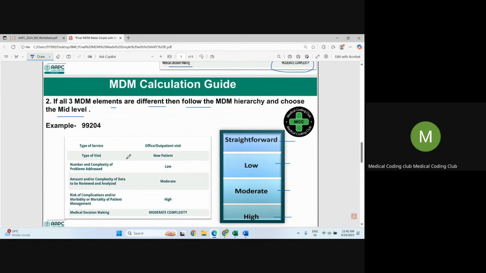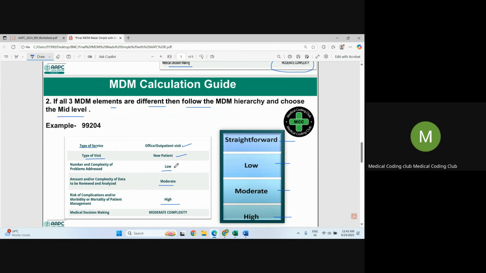Okay, so let's take an example. Type of service is office or outpatient visit, type of visit is new patient, and here problem addressed level is low, data level is moderate, and risk level is high. So you can see none of them are meeting. In this case, you will implement your hierarchy and take the average one.